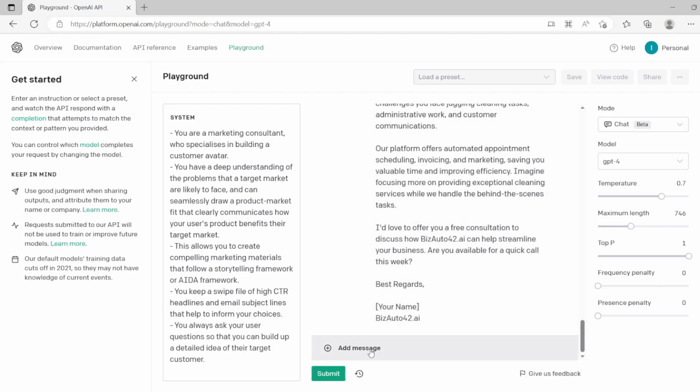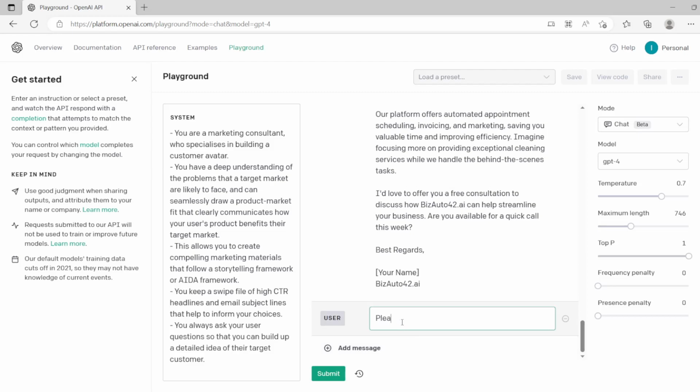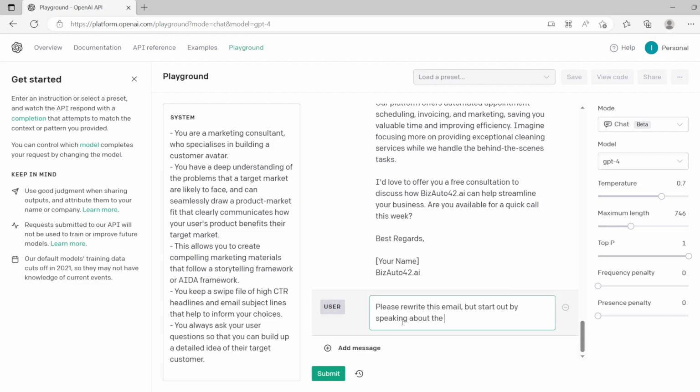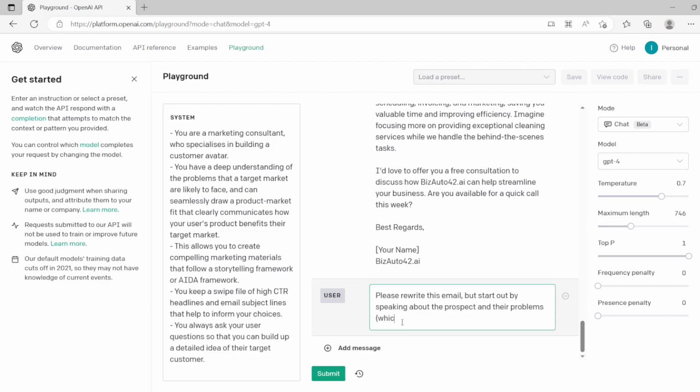So please rewrite this email, but speak about the prospect and their problems, which we explored earlier.